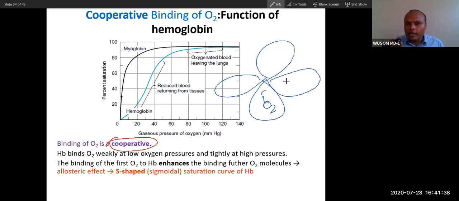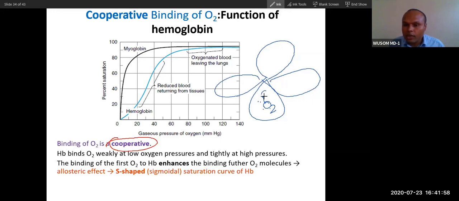In other words, to explain what cooperative binding means: first, one oxygen has to make friendship with one friend. This is a family of 4. First, one oxygen has to make friendship with one of the family members.